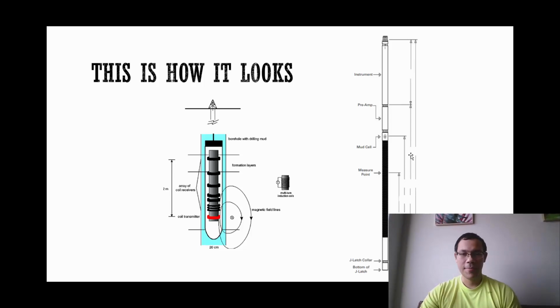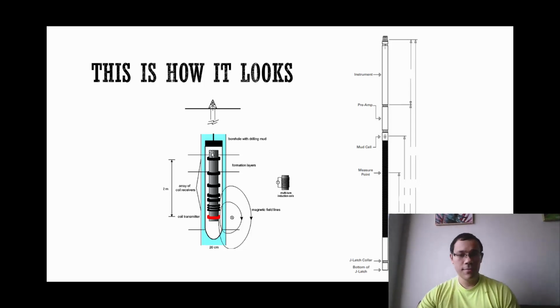I don't want to reveal any important information from Halliburton. But basically, you have the first section in which you'll find the instrument, like circuit boards and all that stuff. There's a sensor that measures the fluid property, whatever it is, in the borehole, and you have a sonde where there are a bunch of coils. We're going to see it in a minute.